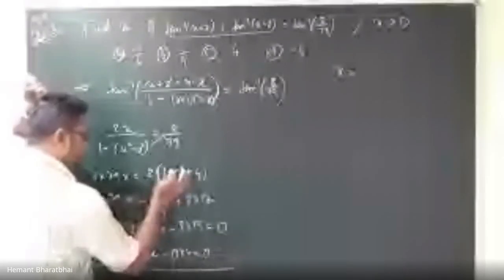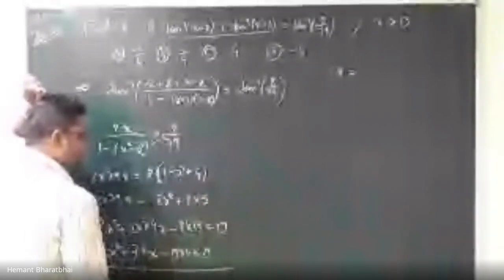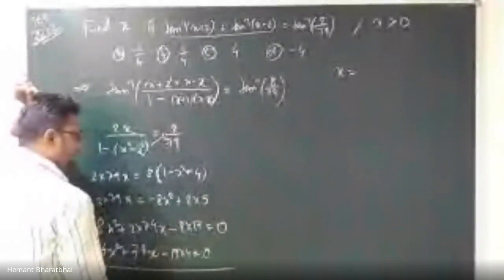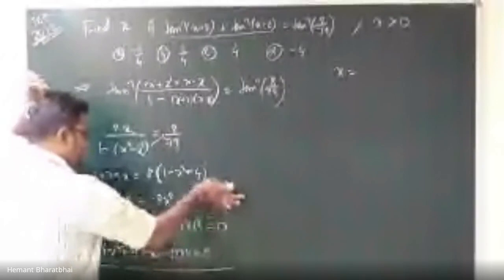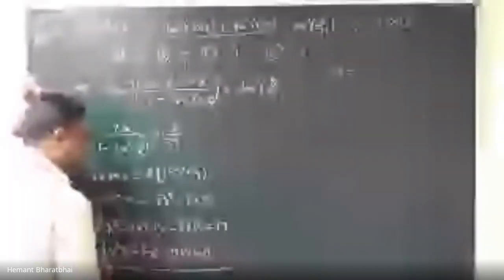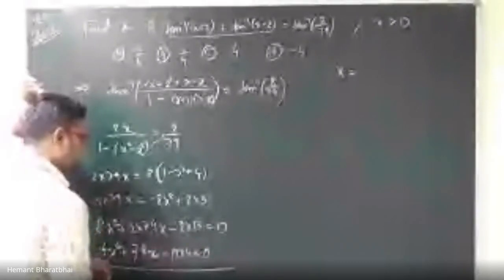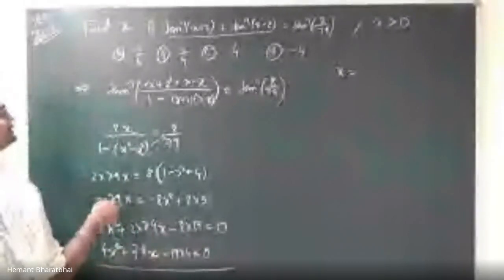Here it will be x square minus 2 square, so that is x square minus 4. So this will become 5, sorry, 4 plus 1, 5. So yes, it will be 8 into 5. This is right over here.